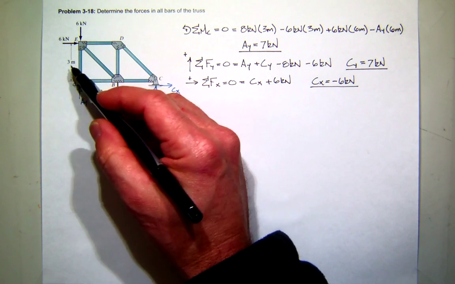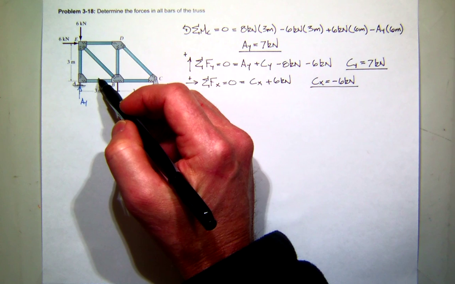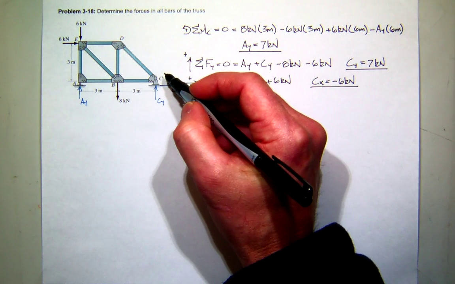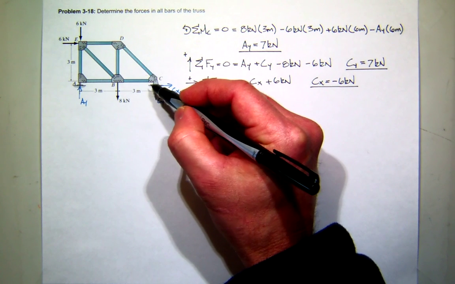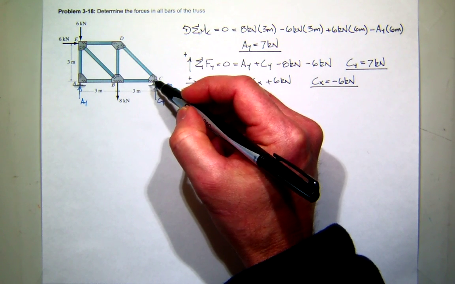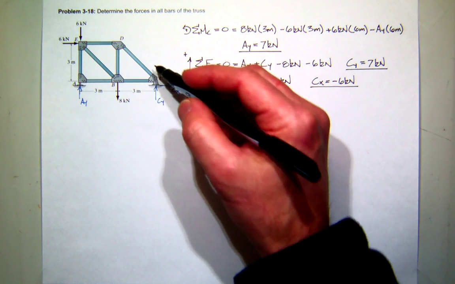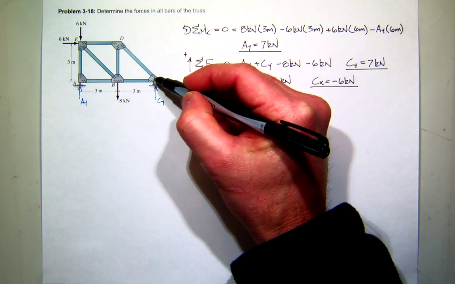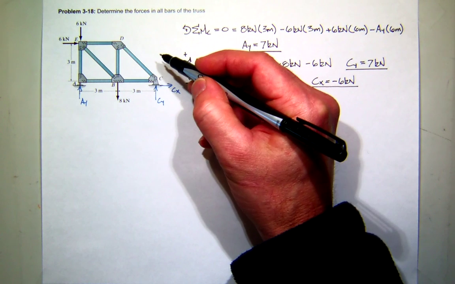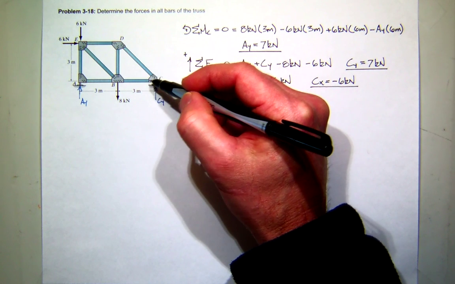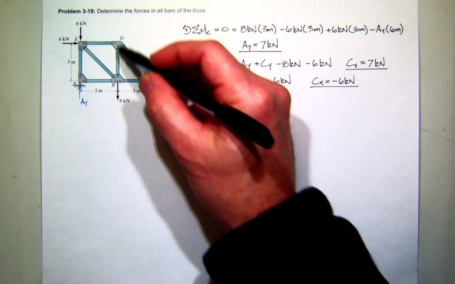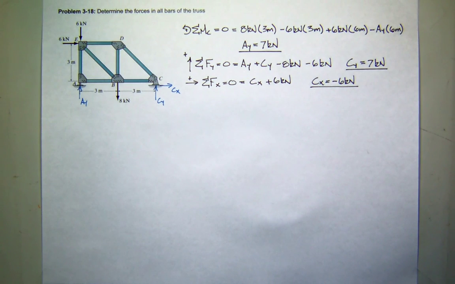That should be an easy place to find both of those, so we get those two. We could also come over here and do a joint at C. And again, you'll see that CD is the only one of the two forces that has a vertical component, so we could write one equation, one unknown, and then find that. So that would knock those two out, and we would just be left with this internal set. Does that sound okay? Good place to start.